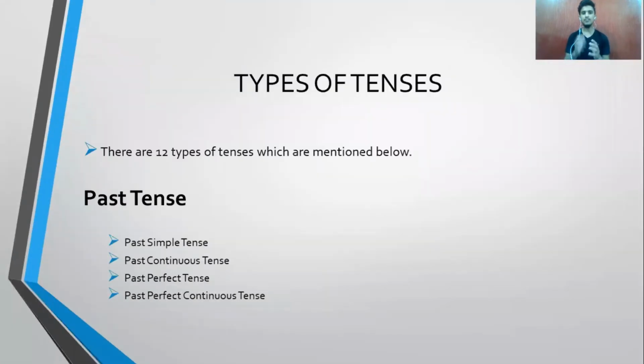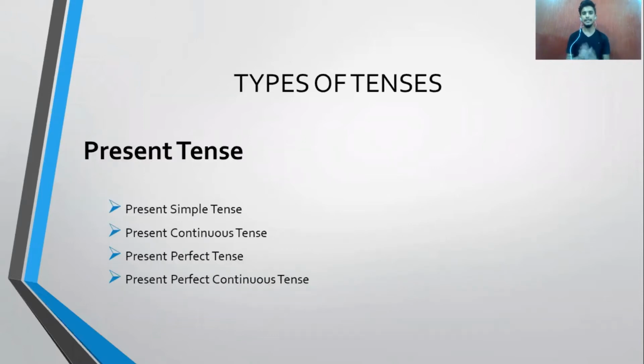Now, types of tenses. There are 12 types of tenses, as there are three forms of tenses. So we will start from the first one, the past tense. It contains four types of tenses: past simple tense, past continuous tense, past perfect tense, and past perfect continuous tense. Now, the second form, which is present tense.